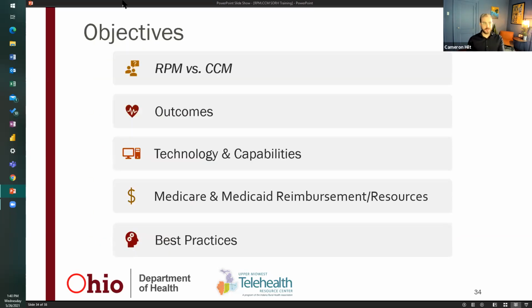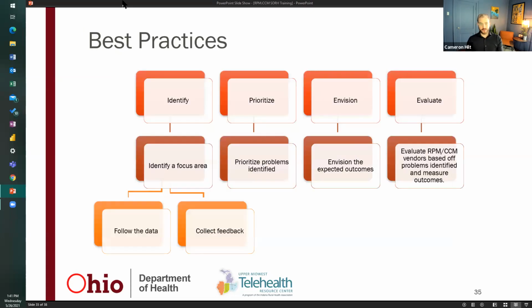So now that we've talked about how you get paid for the service, the last thing to really talk about is determining if these services are a good fit for you and some best practices if you're looking to implement either one of these services in the future. So first, you really need to evaluate if these will fit within your organization.